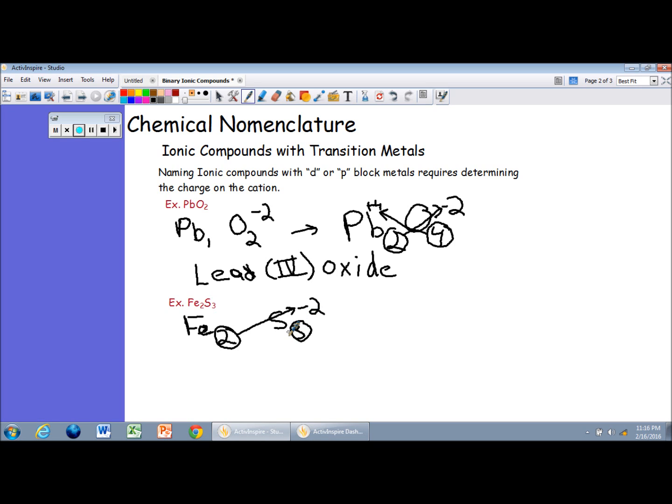And if you'll recall, all group 16 nonmetals have a -2 charge. Now the 3 goes back to the iron, so we make it a +3. So our name is going to be iron(III) sulfide, because we have to have a Roman numeral if we have a transition or a p-block metal.